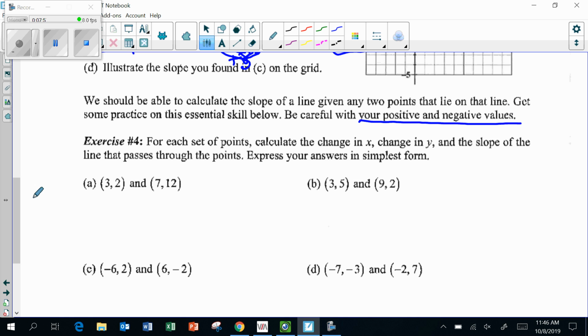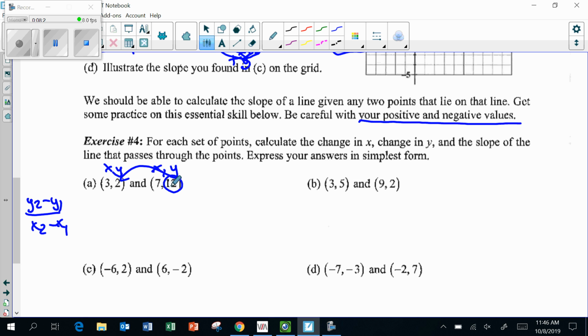Okay, so y2 minus y1, over x2 minus x1, x and y above this one, x and y above this one. Now what I've seen is you have to match up the y's, because I've seen students mix and match the x's and y's.